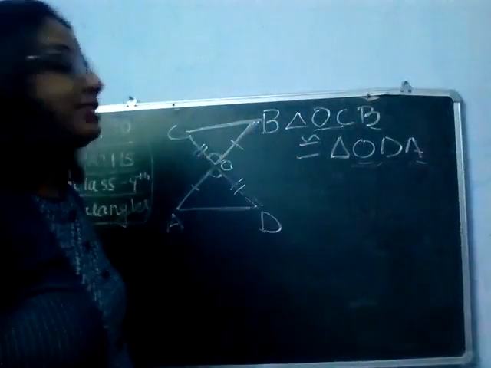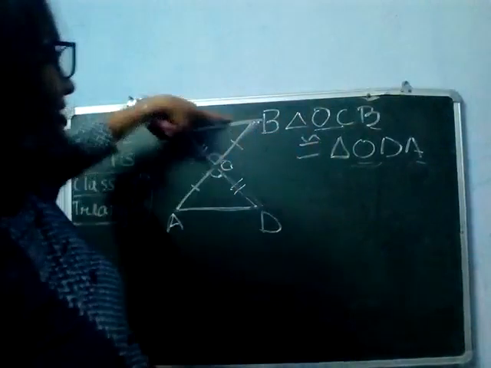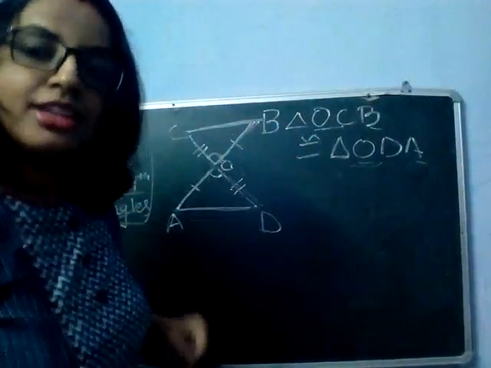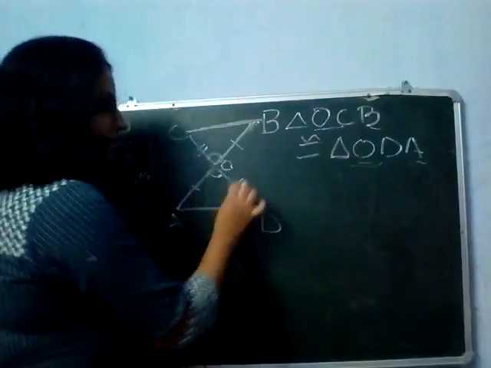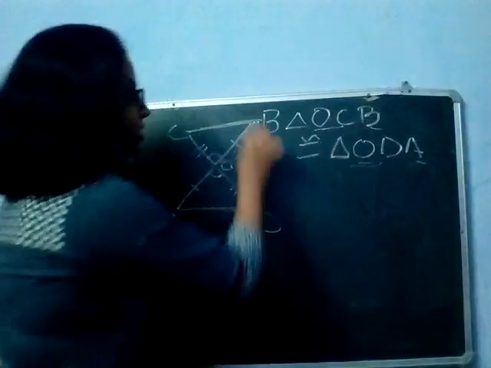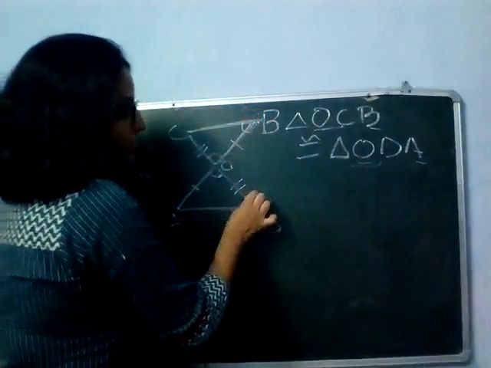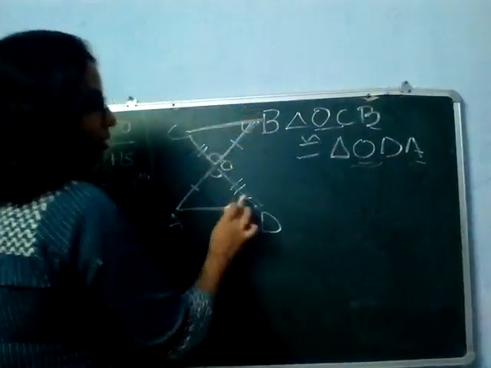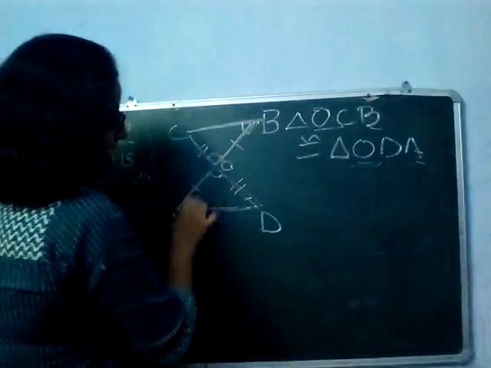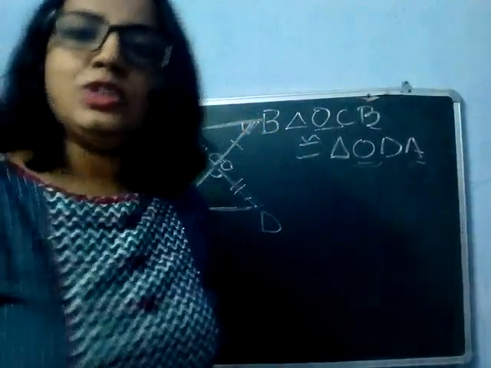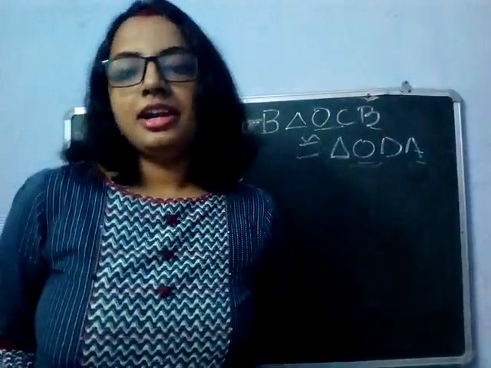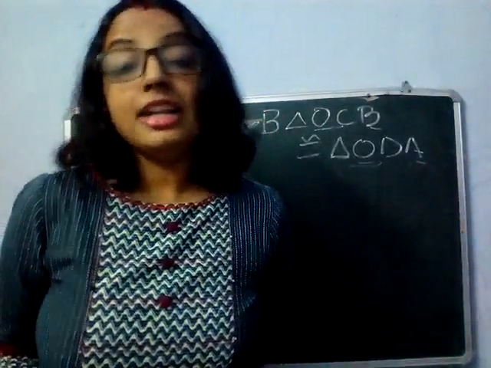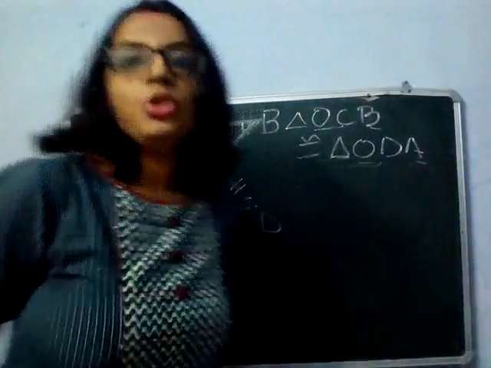The next question asked is to show that these two lines are parallel. By CPCT we can write this angle equals this angle. But these two angles are alternate angles.